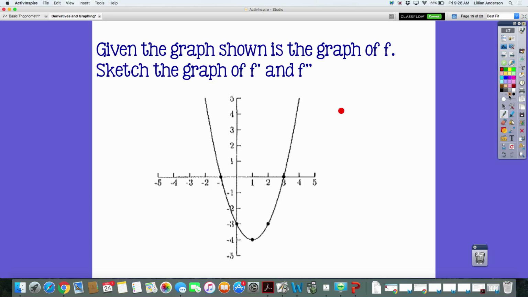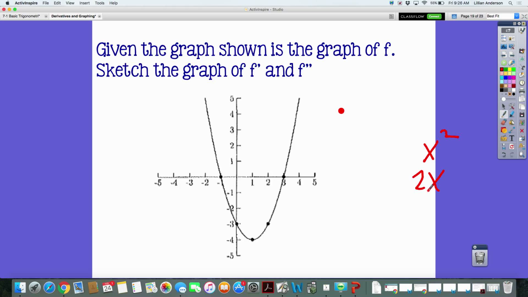Now, one of the features when it comes to graphing is, think about it. This right here is an example of what? A quadratic, right? And quadratics use the form of x squared. So when you take the derivative of x squared, what do you get? 2x. And 2x is an example of what type of function? It's a linear.